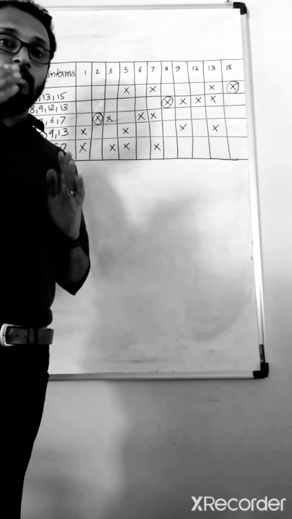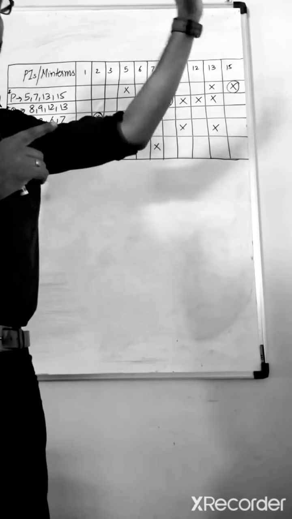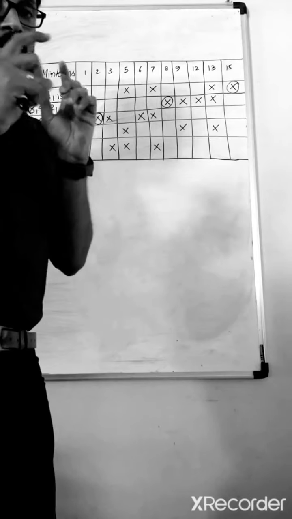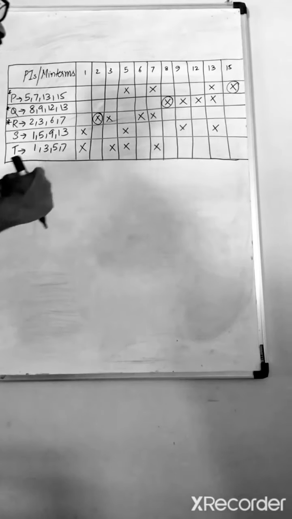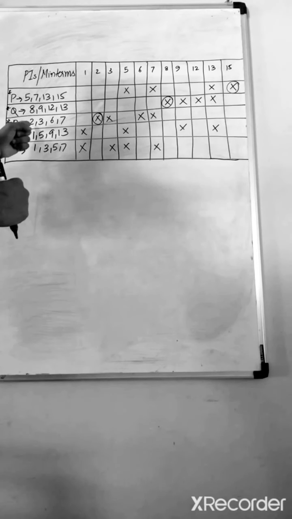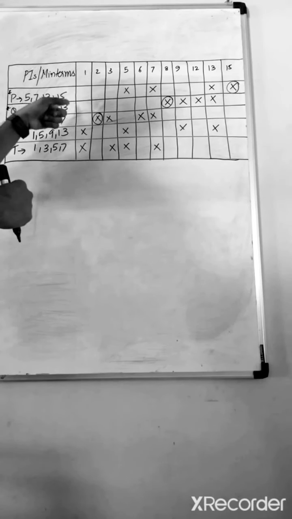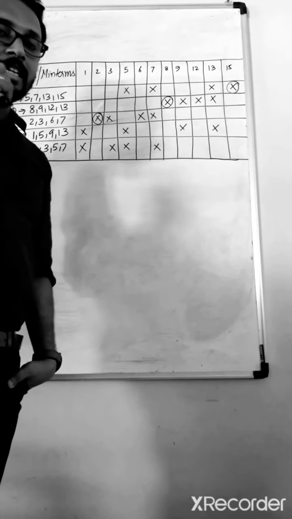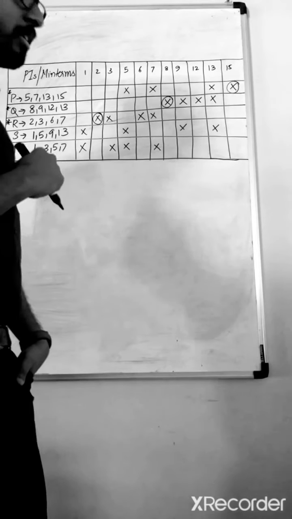But when we write the answer, we need to note that all the values in the question paper should be covered. All the minterms in the question must be covered. When we take these values 2, 3, 5, 6, 7, 8, 9, 12, 13, 15, we should think whether a term is missing from the question in this particular chart.